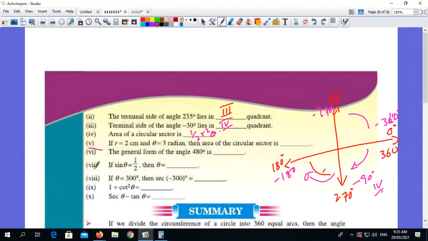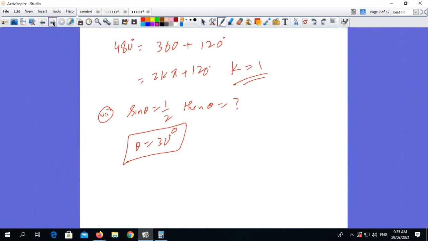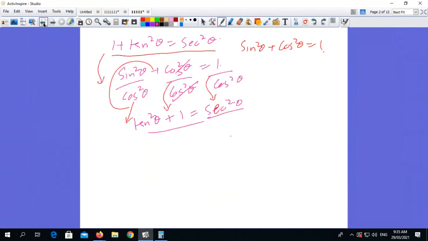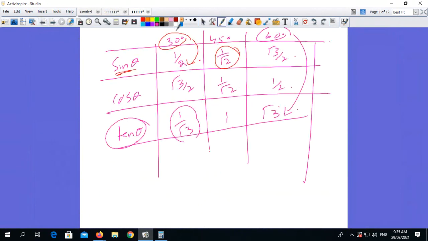Okay. Next, we have sine theta equal to 1 by 2. Then theta equals what? We take help from the table, and we know that sine 30 is equal to 1 by 2, sine 45 is equal to 1 by square root 2, and sine 60 is equal to square root 3 by 2. So for what angle do we have sine equal to 1 by 2?